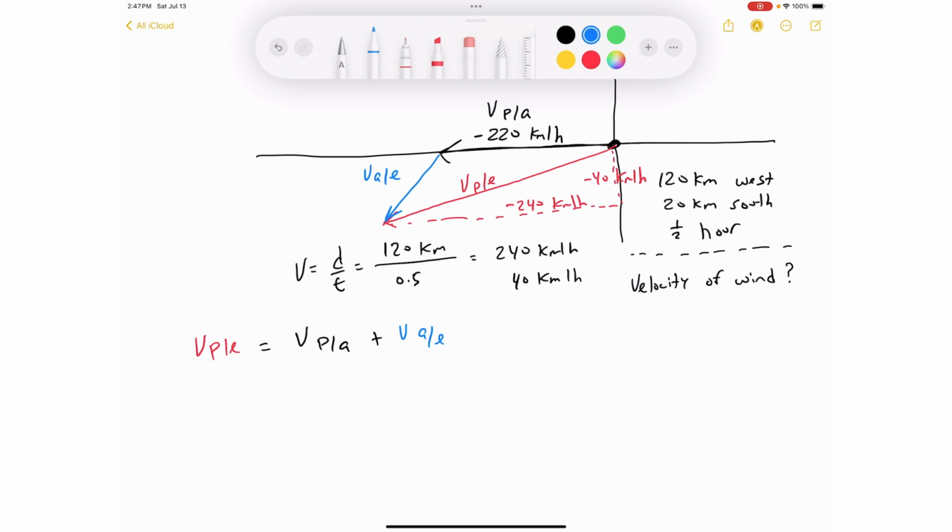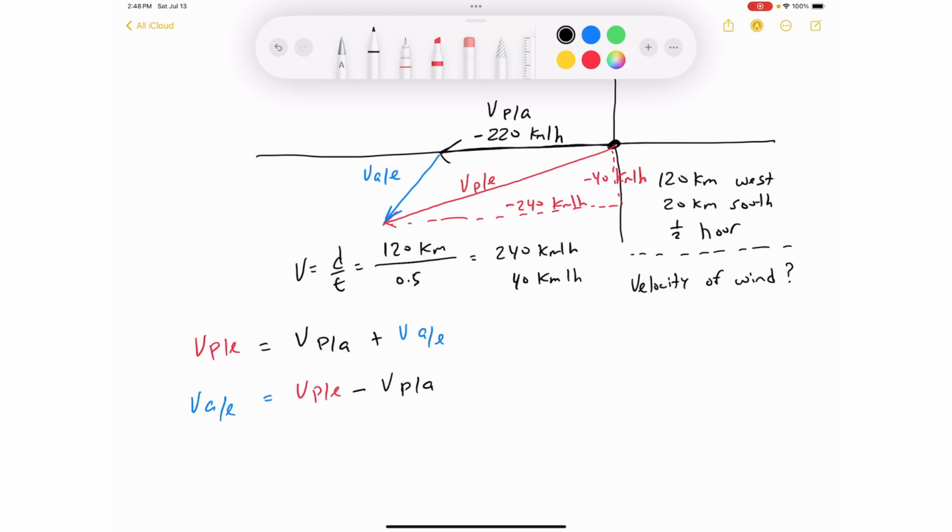Now what I want to find out is, once again, I know the red vector and I know the black vector, but I don't know the blue one. So we'll just do a little bit of algebra here, and after we rearrange some terms, you end up with the velocity of the air relative to the Earth is equal to the velocity of the plane relative to the Earth minus the velocity of the plane relative to the air.